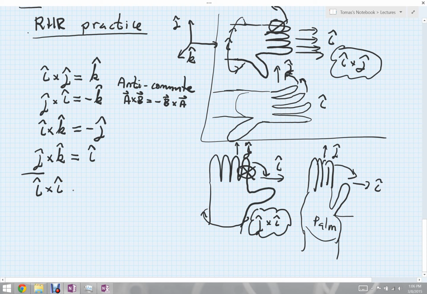If we think about the magnitude of this, we'll find the following. If I want to calculate that, the magnitude of I hat cross I hat is going to equal, according to our formula, the magnitude of I hat times the magnitude of I hat times the sine of the angle between them.